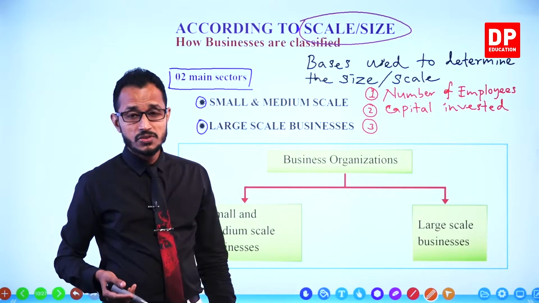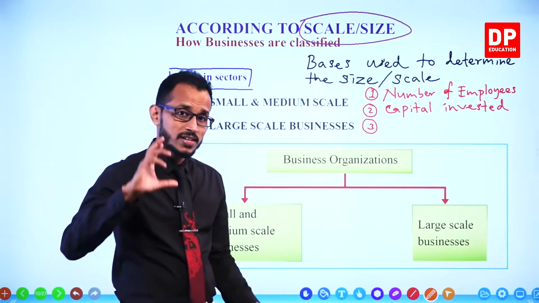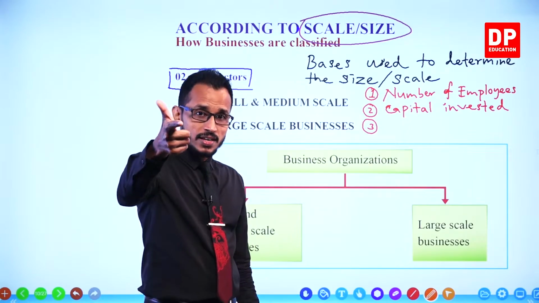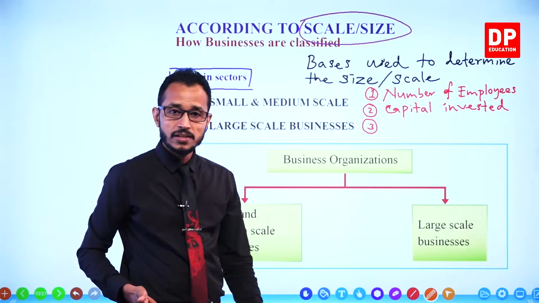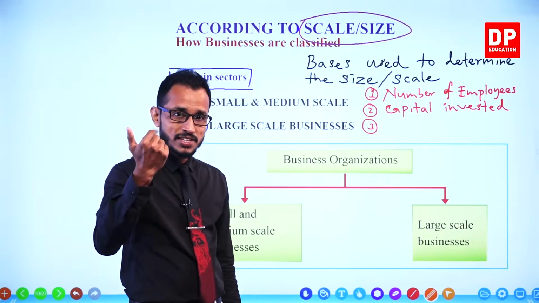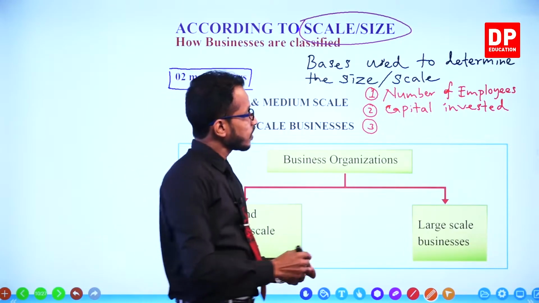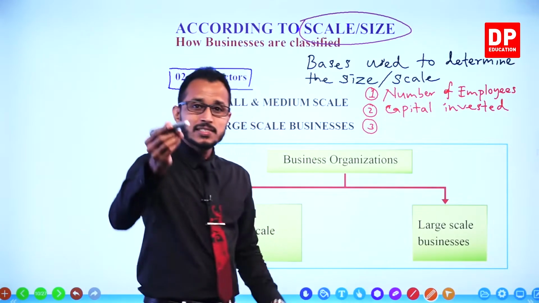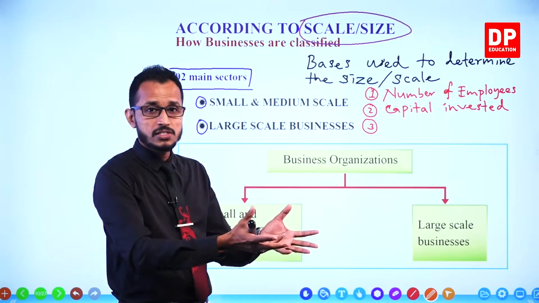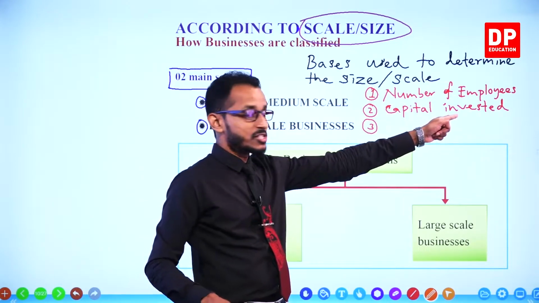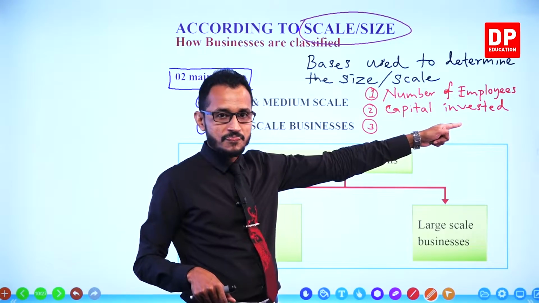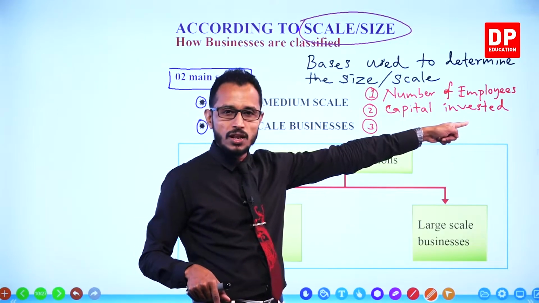Simple examples, children. I'm trying to take you into this subject matter. Your imagination is important. So you imagine such a small business, Siripala's king coconut business, and you know that it's a sole proprietorship, sole tradership, and the capital invested is so small.